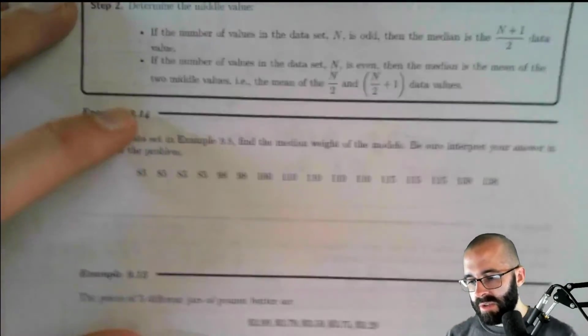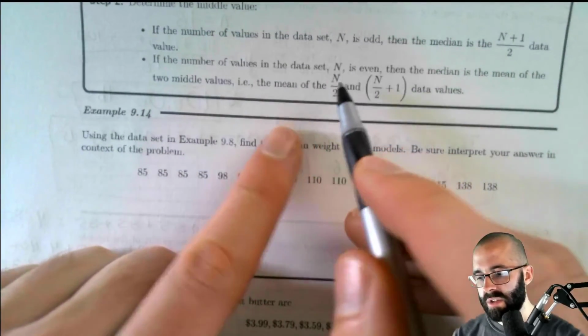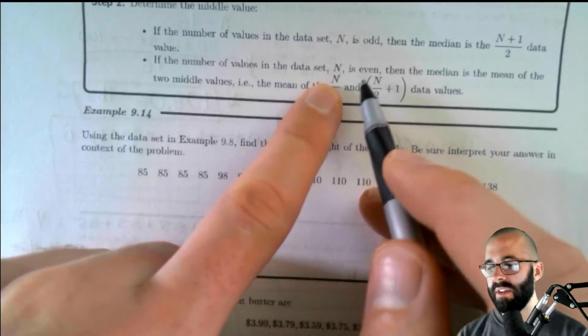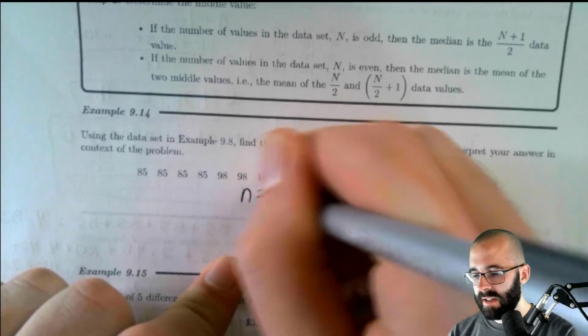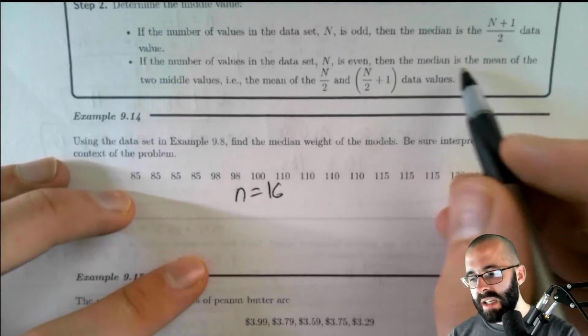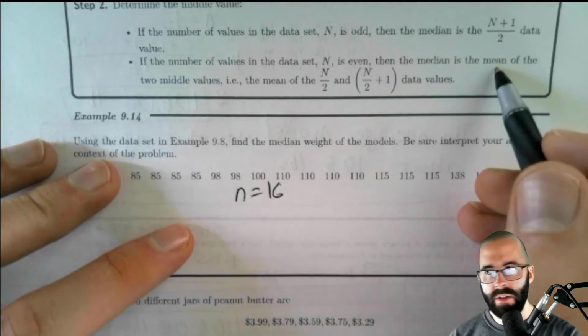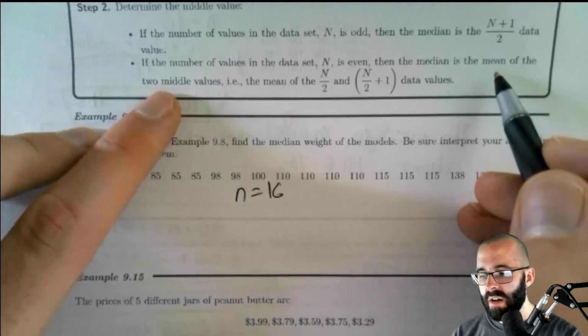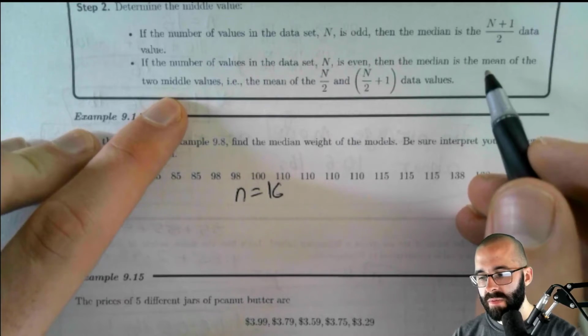Okay, so this is kind of a weird situation. If n is even, and again, here n is 16, then the median is the average of the two middle values, right?